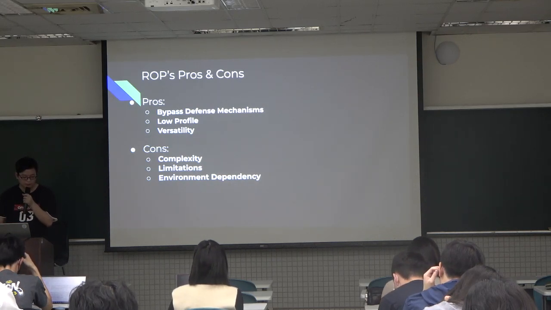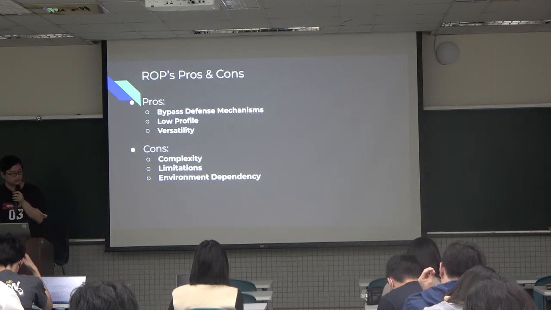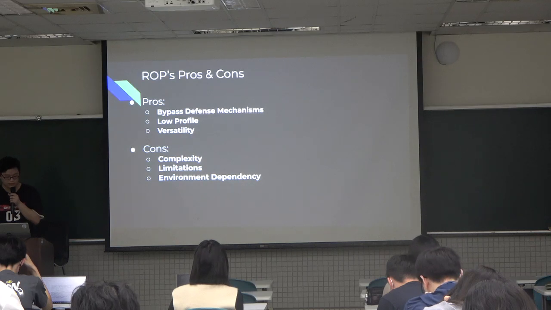ROP is primarily used to bypass modern operating system defense mechanisms such as non-executable regions and stack protection.